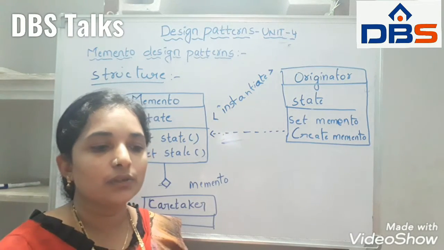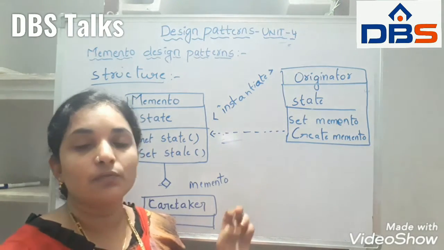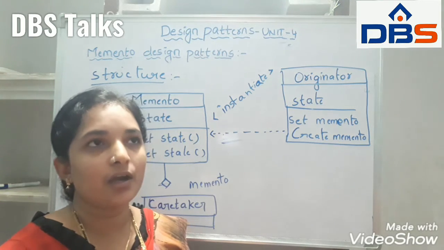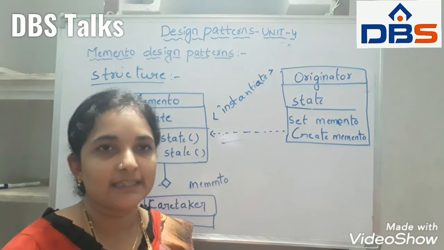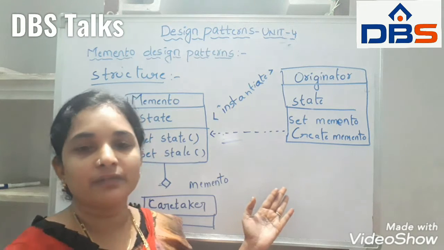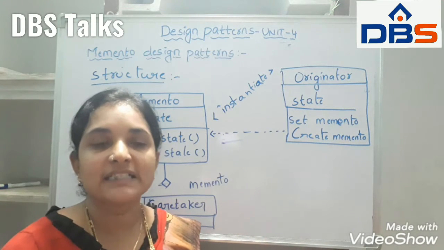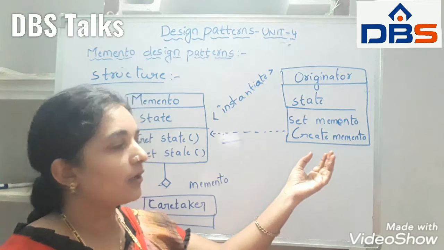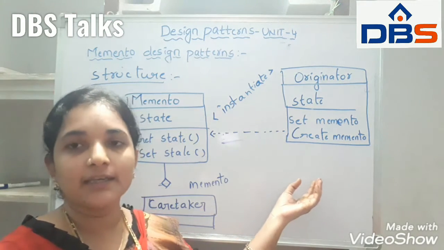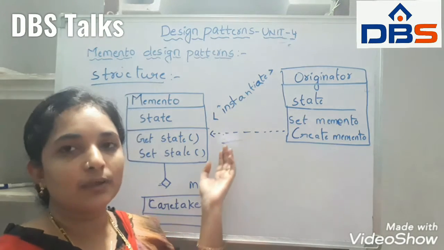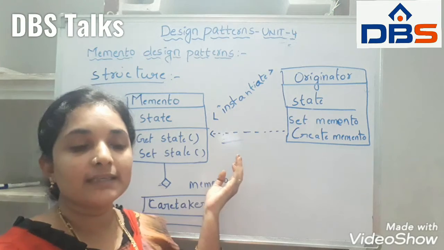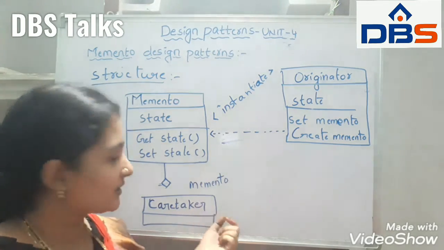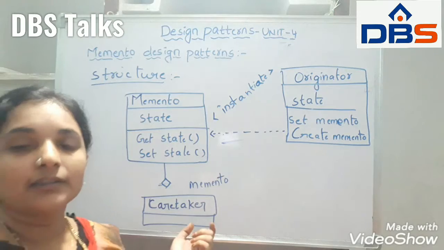What the originator does is take a snapshot of the previous state of information. Whatever data it snapshots is given to the memento object, and the memento is passed to the caretaker, where it can be saved.